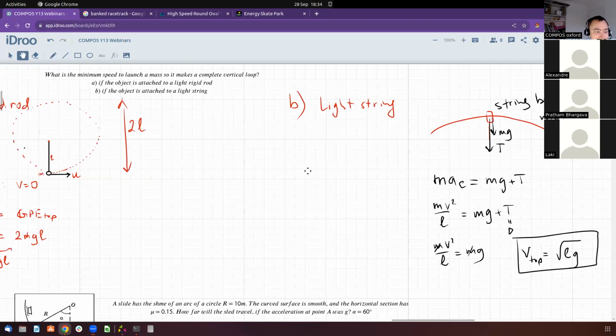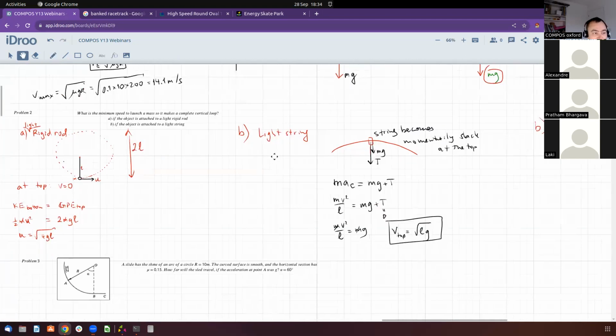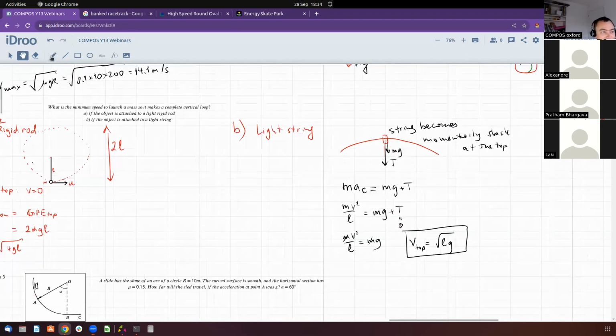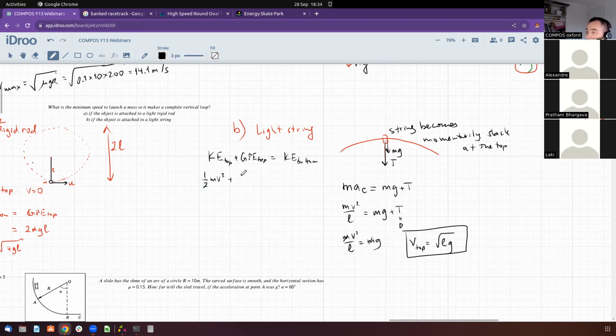And yeah, so the kinetic energy at the top plus gravitational potential energy at the top is equal to the kinetic energy at the bottom. Therefore, kinetic energy at the top is 1/2 mv squared plus, what if g is 0?